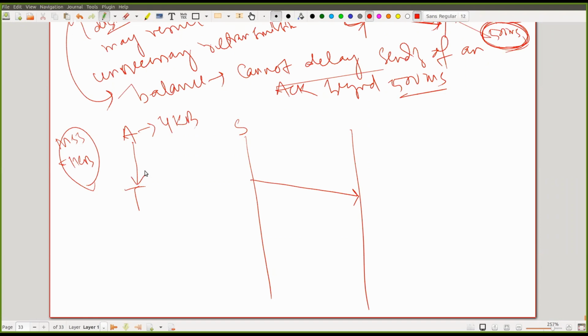Can anybody tell me how many packets will be sent to the network as a result? One packet or more than that? I'm sending a packet of 4 KB, my MSS is 1 KB.